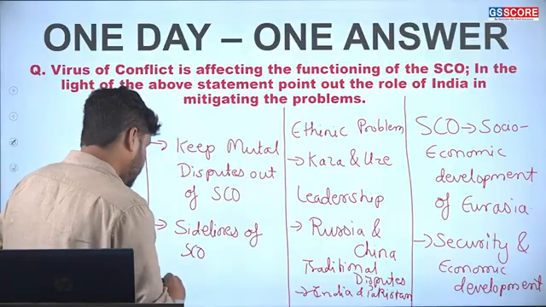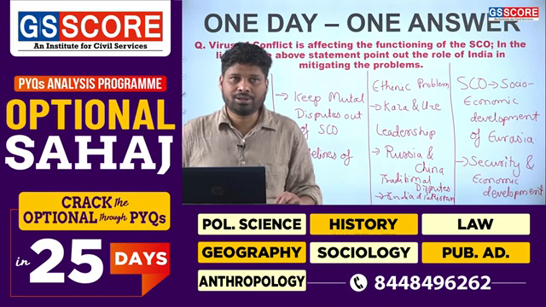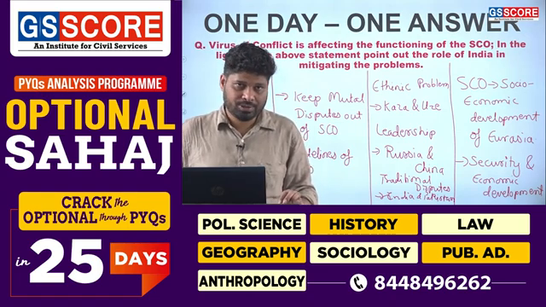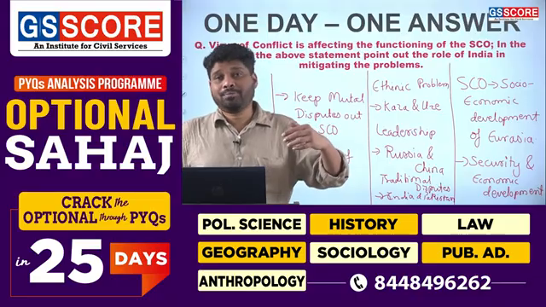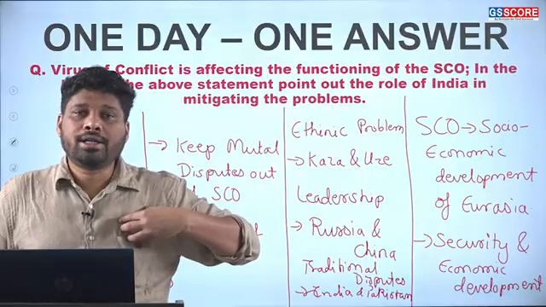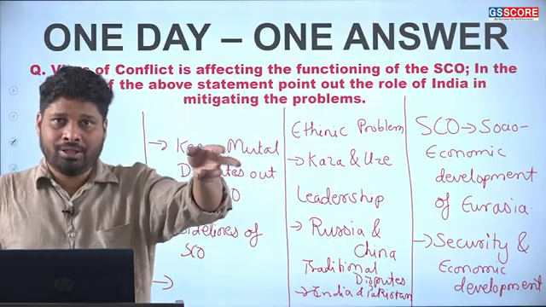One more thing that has to be taken into consideration, and that is economic development of the countries that are part of the Shanghai Cooperation Organization. For if that happens, there will be an interdependency that will develop, and that will lead to focused attempt upon development rather than mutual rivalries.